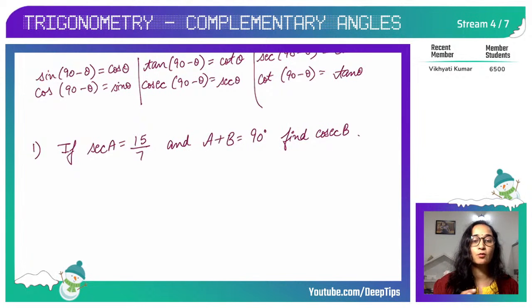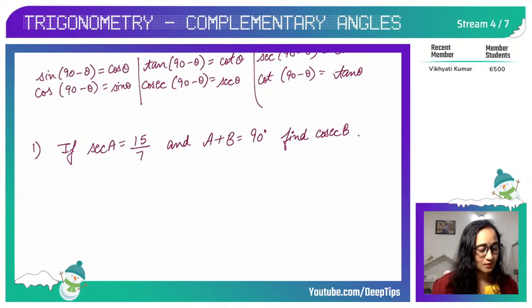You can look at it and answer within a second. It can be asked in the CBSE board exam for 1 mark. I will gradually move to 4-mark questions. First we'll work on the foundation, how to use these relationships, and then we'll solve complicated questions.